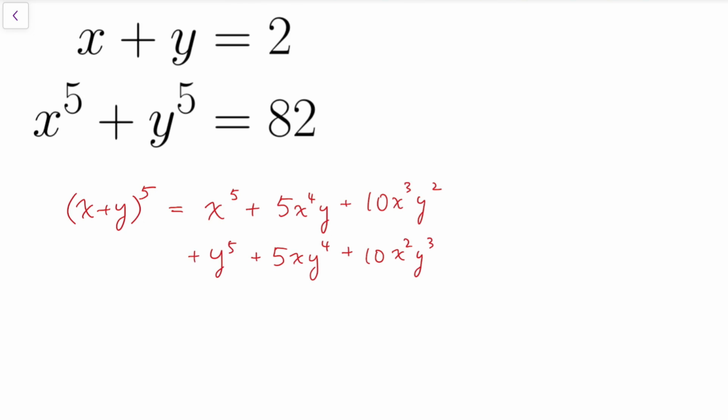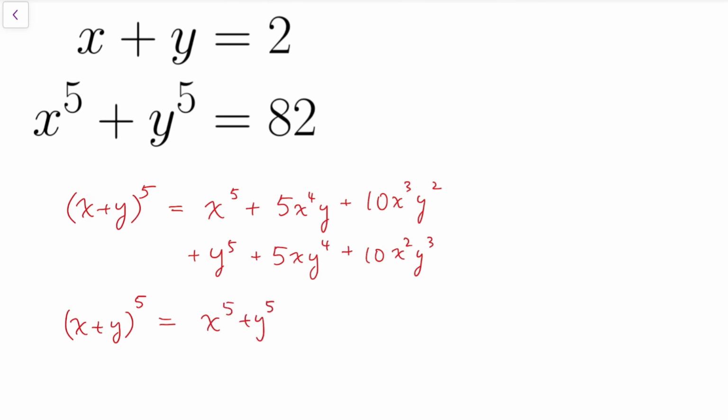As you can see, I rearranged the terms so that each column is factorizable. Next, I'm going to try to factorize each column except for the first one, because some of the fifth powers can be replaced by 82 at some point.